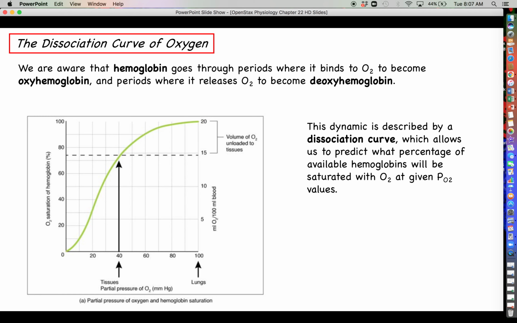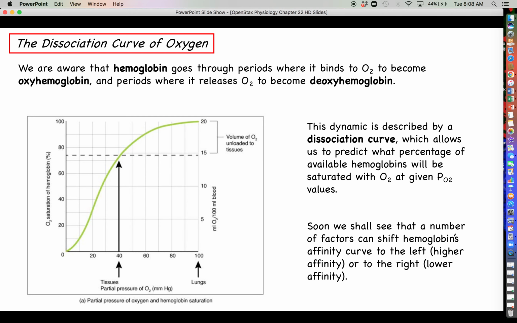So this is going to be an important dynamic for us to consider because we are going to be talking about a number of factors that influence hemoglobin's affinity for oxygen and how these factors at different points in the body really set things up perfectly so that hemoglobin can bind oxygen for when it needs to and let go of it when it needs to as well.